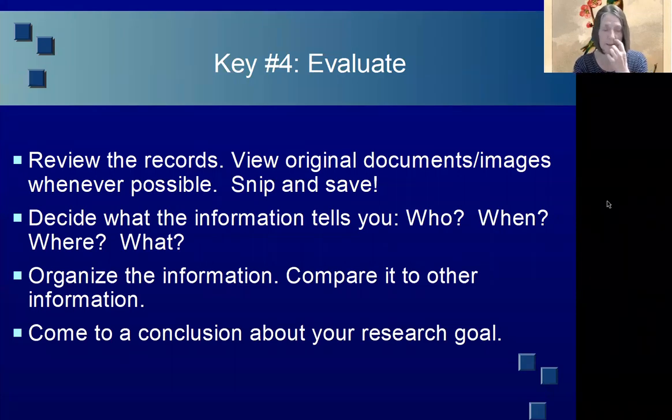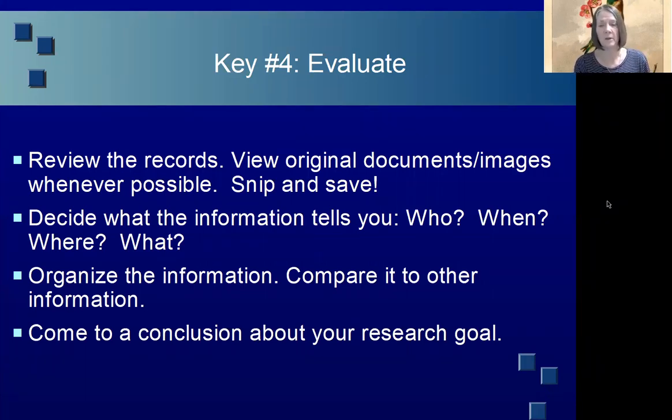I did an indexing the other day that had, on birth records, only asked for the father's surname and the mother's maiden name. The mother's first name and the dad's first name were there. Their places of birth were there, but the indexing doesn't ask for that much. It just wants to get the records in an index in as small of a format as possible. So view the original documents.